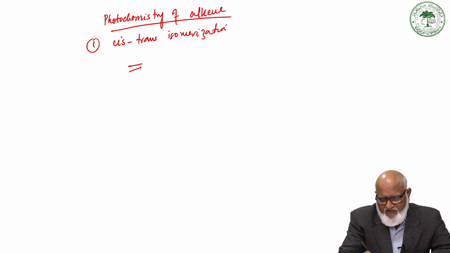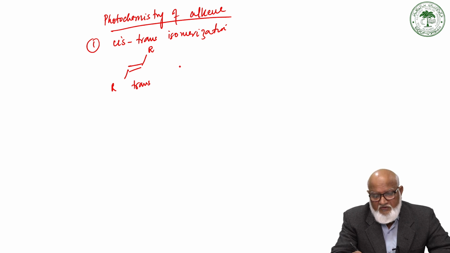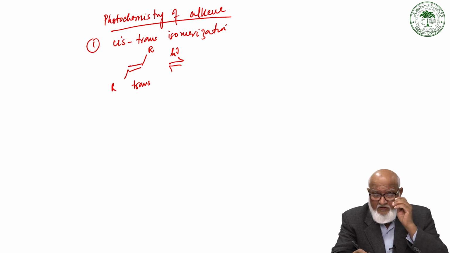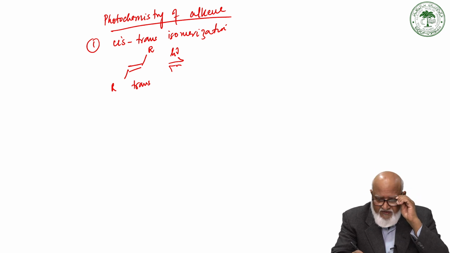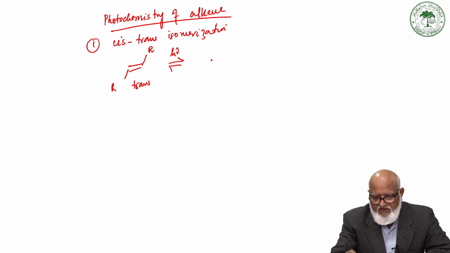So if we have a trans alkene, we know that this is thermodynamically more stable, but under photolytic condition, there is a pi star excitation, and then there is a loss of the double bond, free rotation is possible, and we end up with the cis alkene.